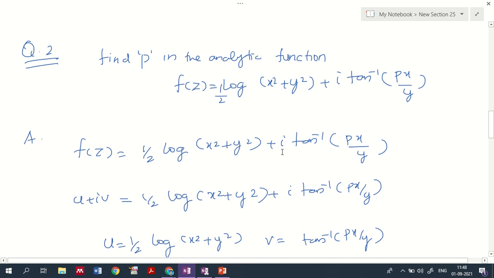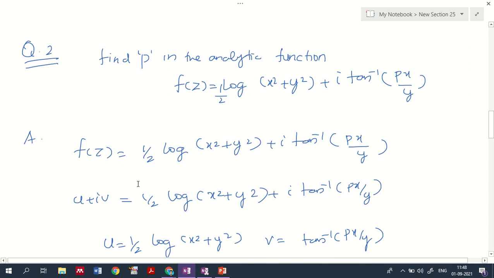So what we have considered is that f of z is equal to half log x square plus y square plus i tan inverse p x by y. It is a complex variable function, so I can represent u plus iv equal to half log x square plus y square plus i tan inverse p x by y.